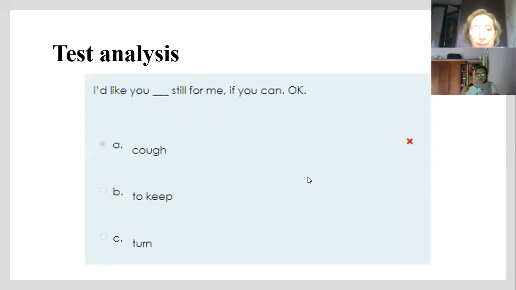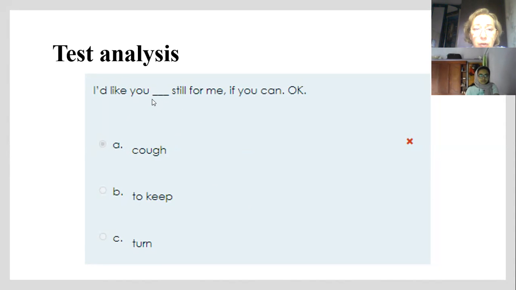Well, here, yes, this is the description of one of the instructions that the doctor gives to a patient. And here, everything is possible, actually, because the doctor asks a patient to cough, to keep, to turn.